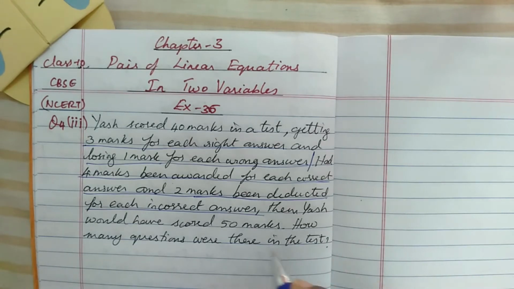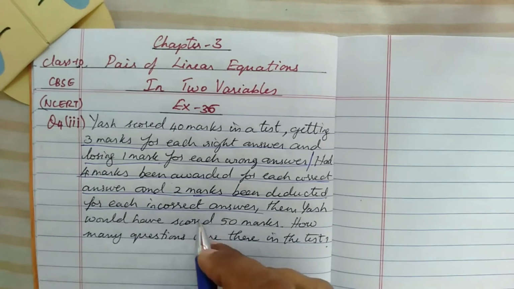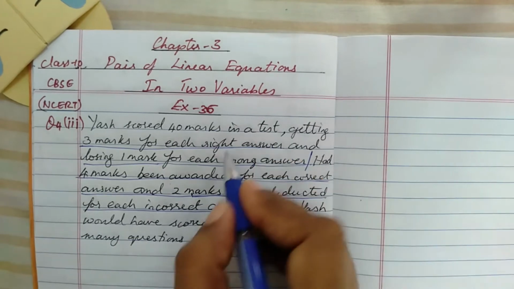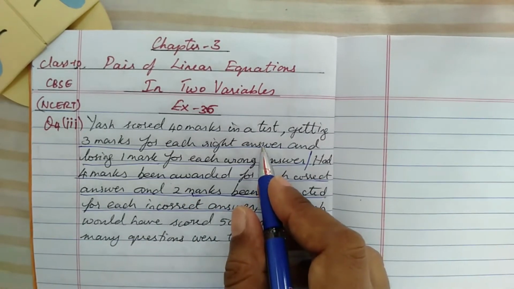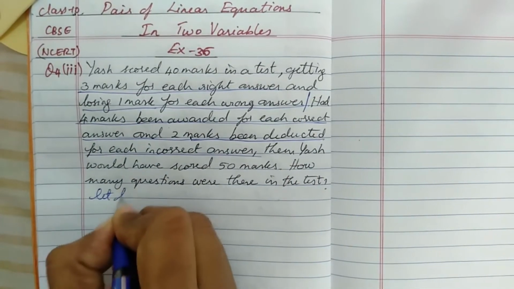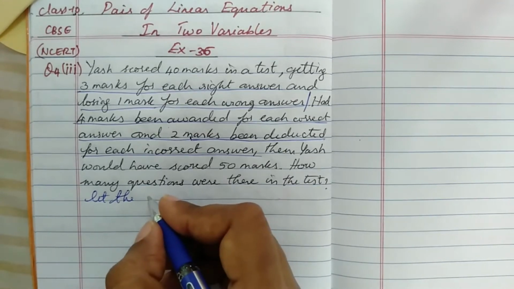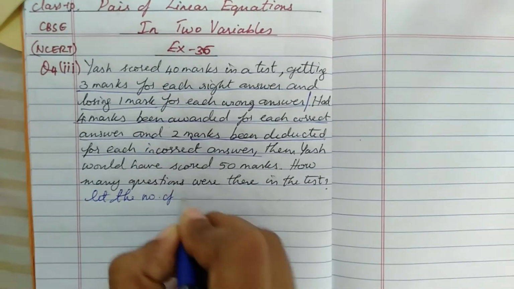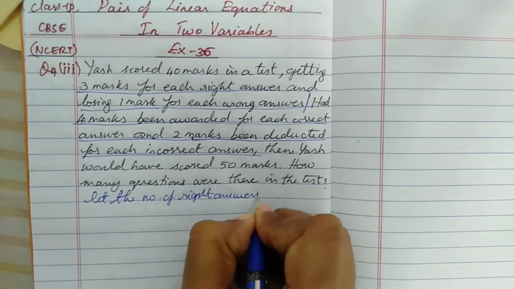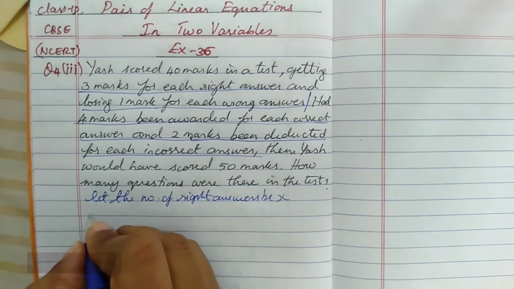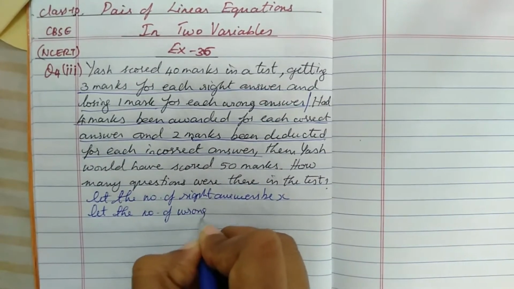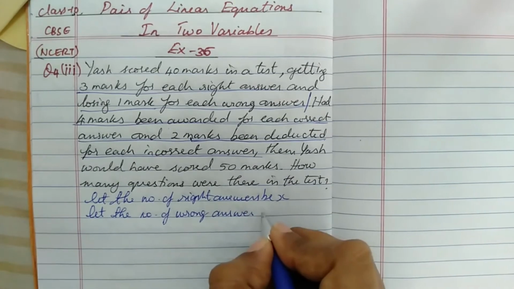Now the test paper contains right answers as well as wrong answers. So let the number of right answers be x, and let the number of wrong answers be y.